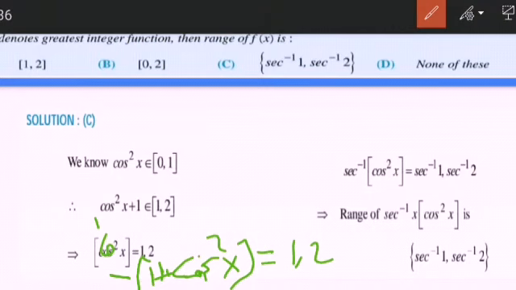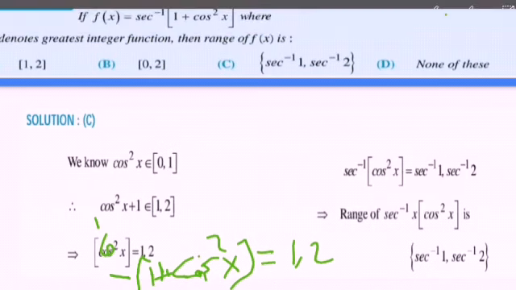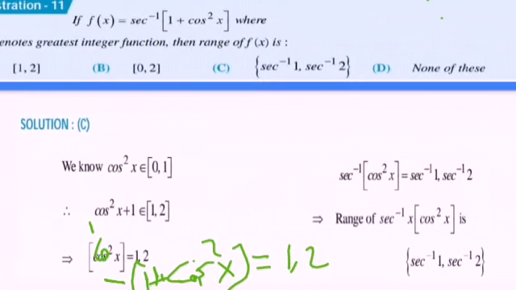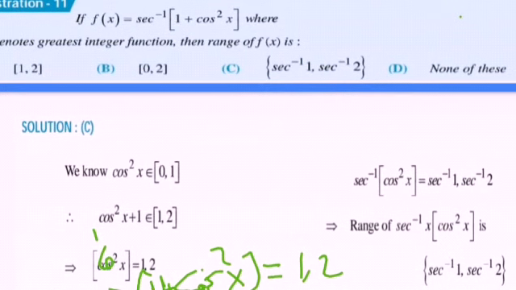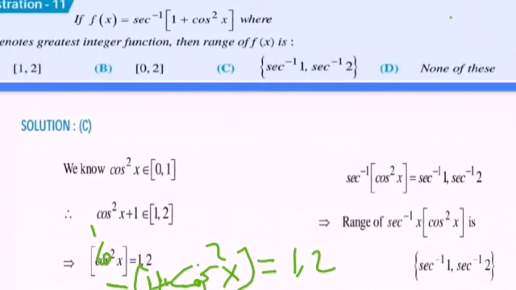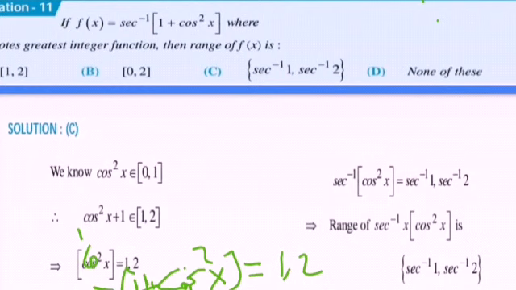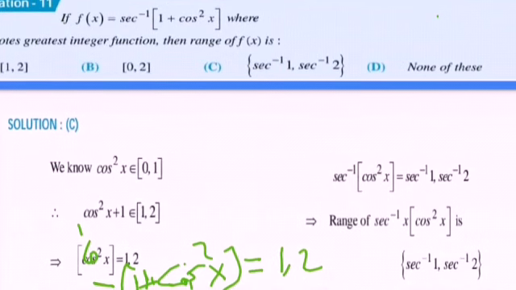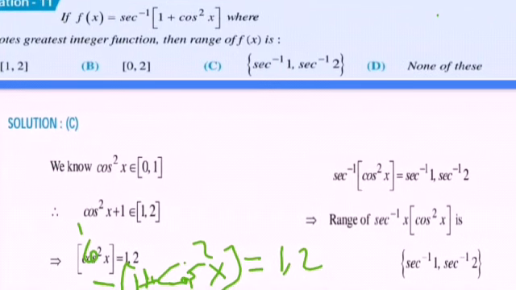Next question. Find out whether the given function is even, odd, neither even nor odd, where f(x) equals x into mod x for x less than or equal to -1.